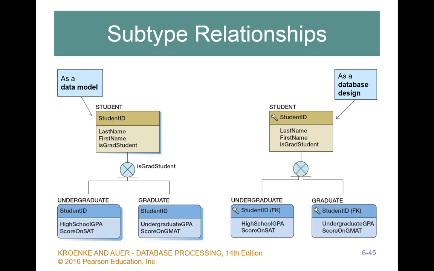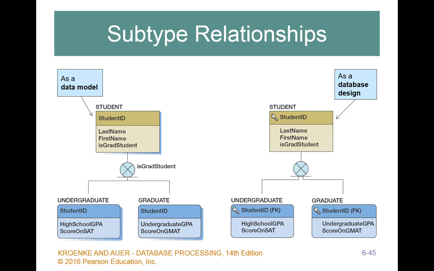Subtypes and supertypes are real simple. In our data models, we've already talked about how, if we have a subtype relationship between a supertype and subtype, the subtypes must have the same exact identifiers as the supertype. So in our database design, those identifiers become foreign key values as opposed to primary key values in our subtypes.